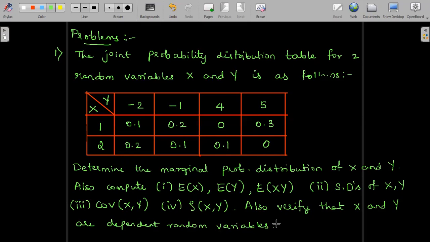So these are some of the different varieties. Very firstly, we might be asked to find out the marginal probability distribution of x and y. That is a split table for x and y. Then we have to compute expectations of x, y, x into y, standard deviations of x comma y denoted by sigma x, sigma y, covariance of xy, and then correlation of xy. Finally, to verify whether the given random variables x and y are dependent.